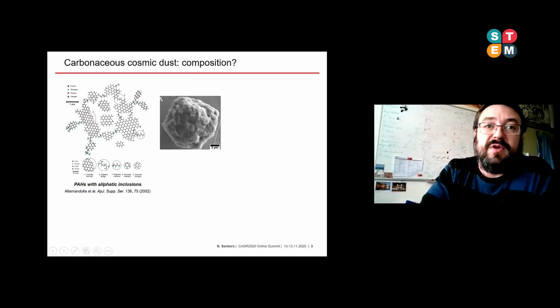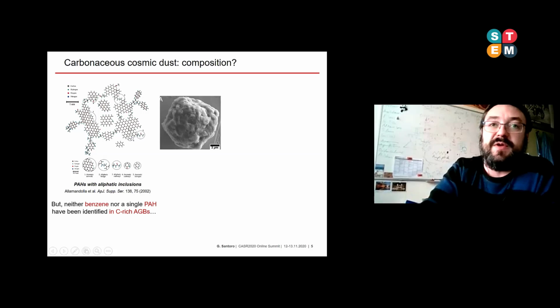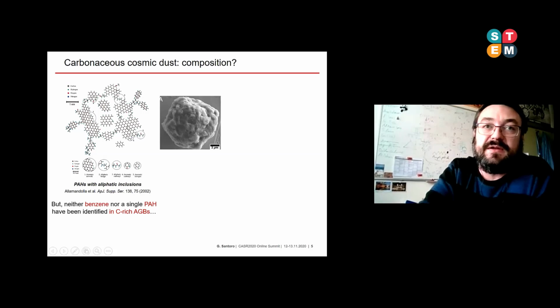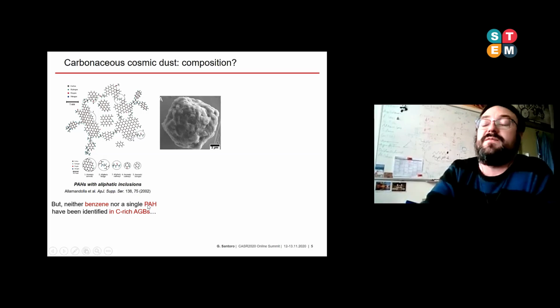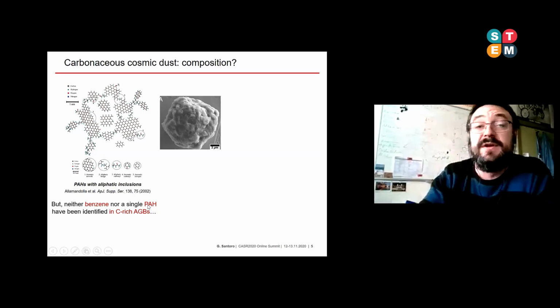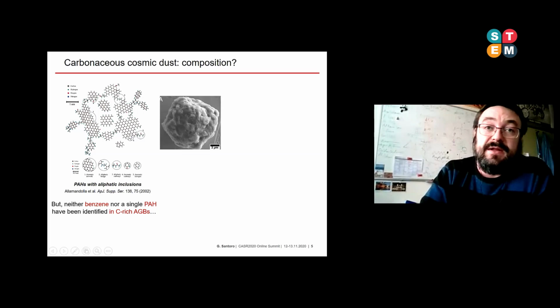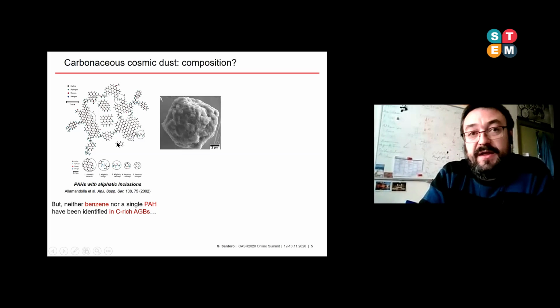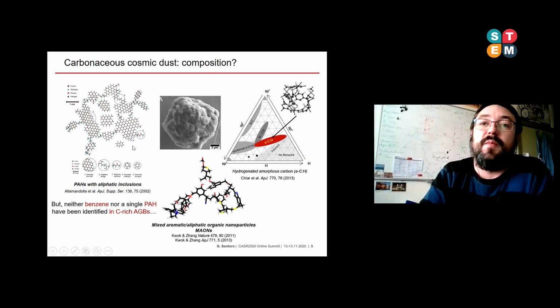But there is a problem: neither benzene, which is one of each of these rings, nor a single polycyclic aromatic hydrocarbon has been identified in carbon-rich stars. This has led to proposing other models that can account for the carbonaceous cosmic dust formation.